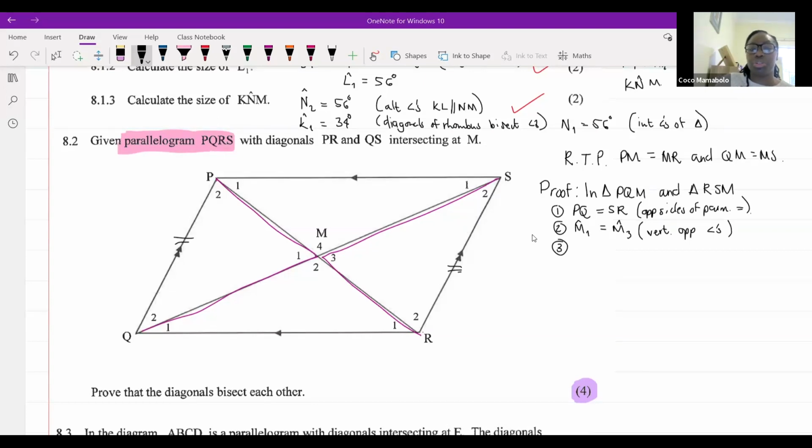Then I can use my parallel lines to find alternate angles. S2 is equal to Q2 because of alternate angles, because PQ is parallel to SR.